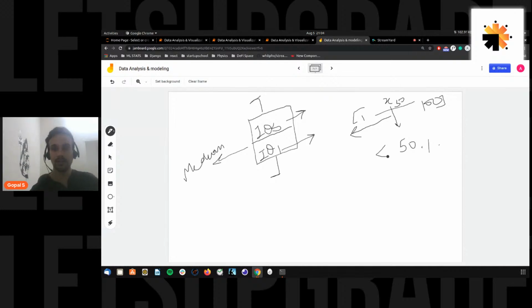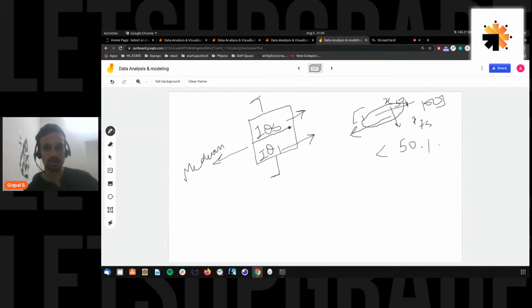And when I say x75, this is my interquartile range of x75, like percentile 75 basically. For this value, 75% of the values are going to be lesser.